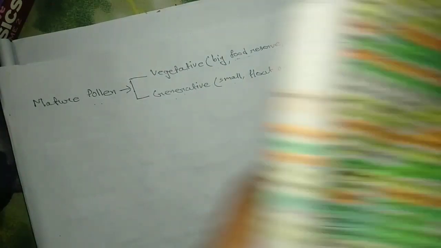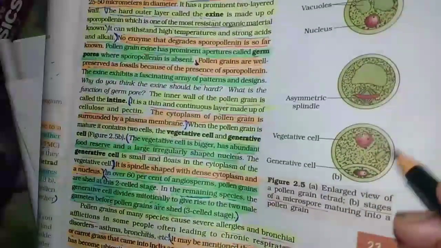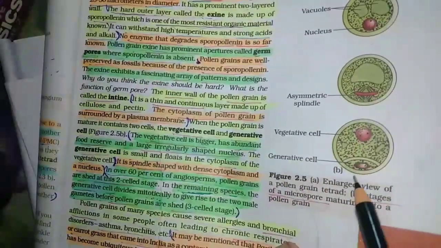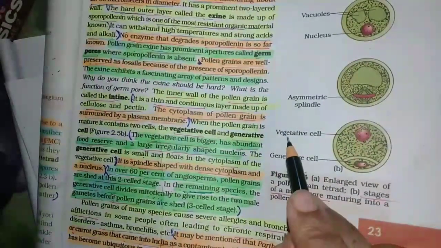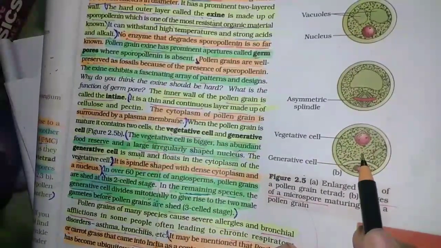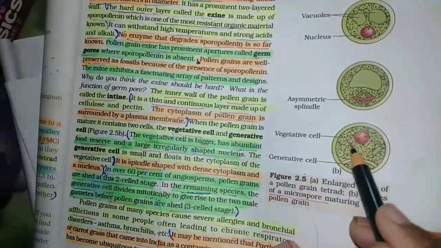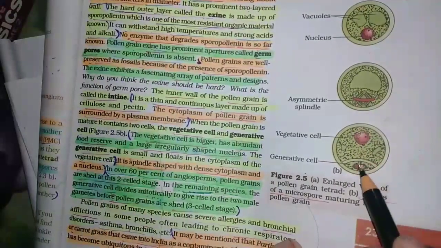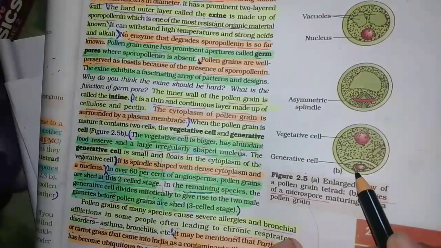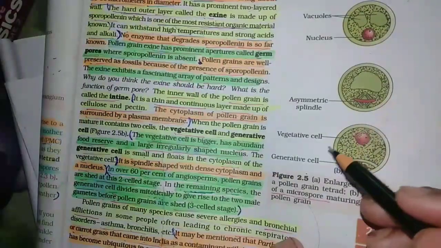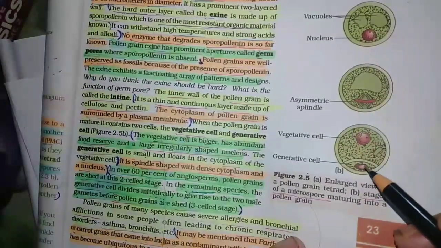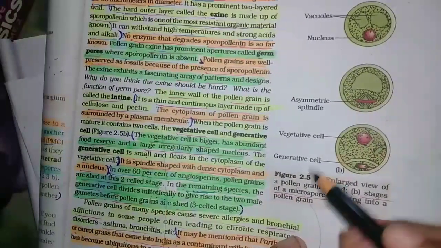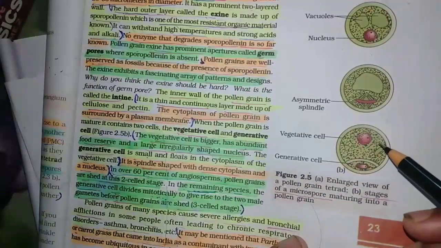If you see this part properly, you will be able to understand it. This is the generative cell and this part is the vegetative cell. In this part cytoplasm is present, here also cytoplasm is present, but you have to understand the difference: where the nucleus is present or not.